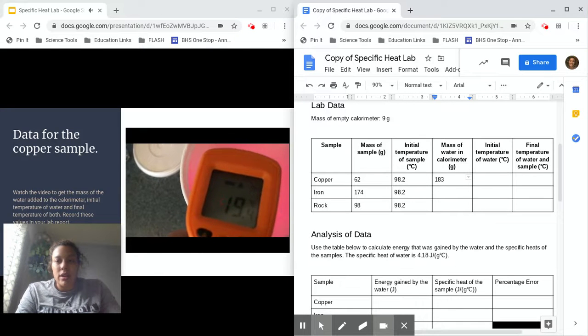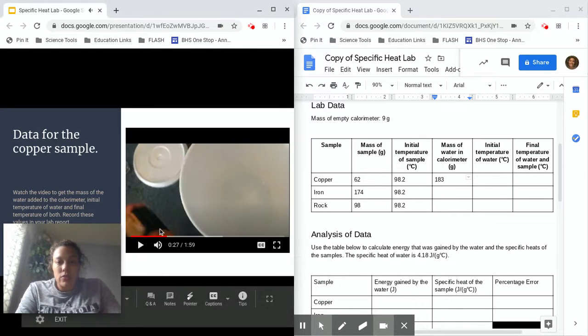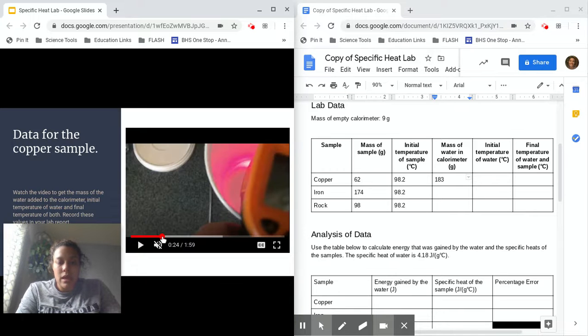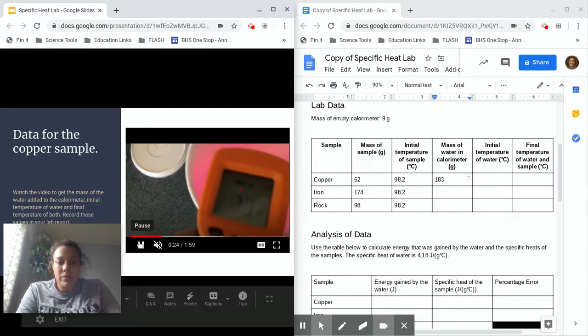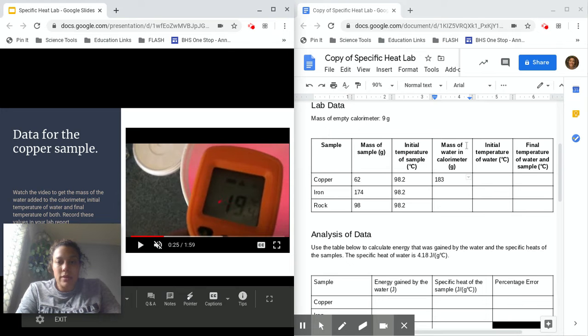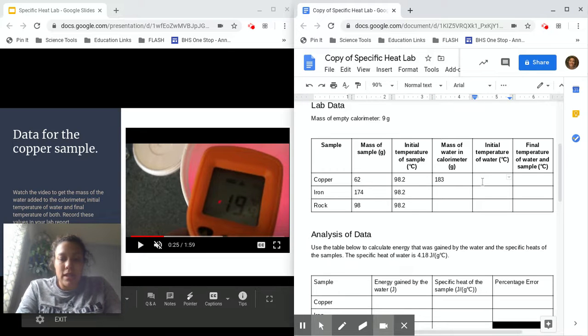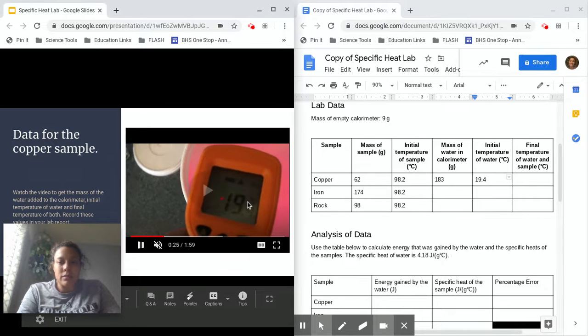Now he's figuring out the initial temperature of the water, which was listed there. That went kind of fast for me. Beep. But there it goes. 19.4 is the initial temperature, degrees Celsius, of the water for our copper sample.